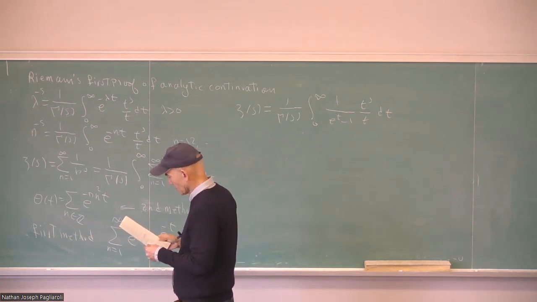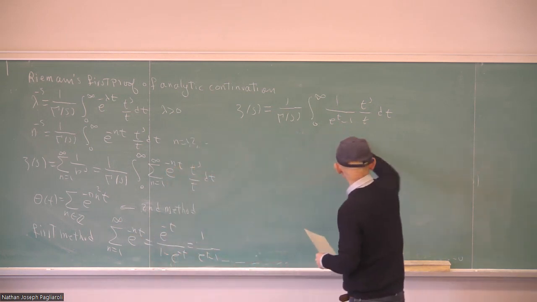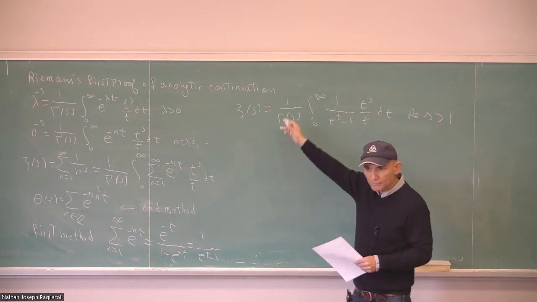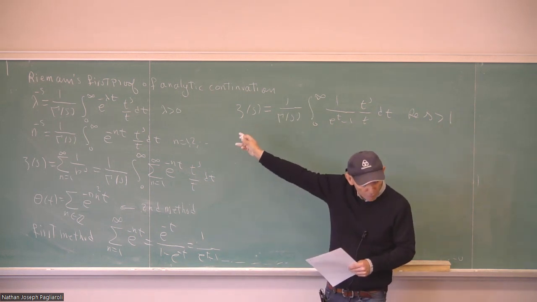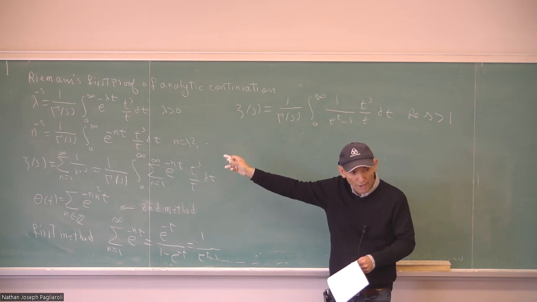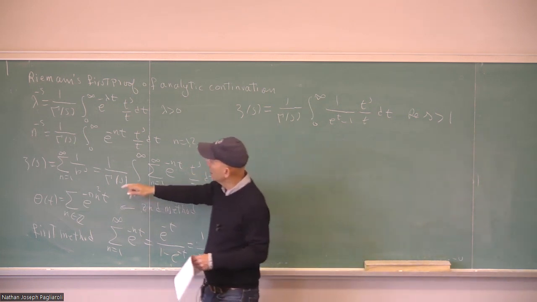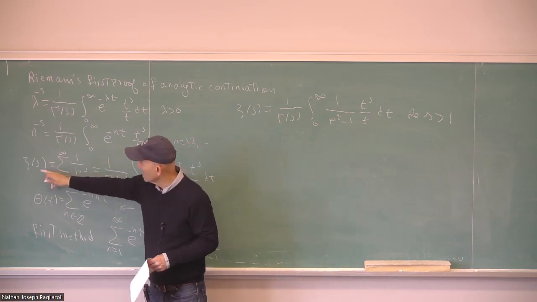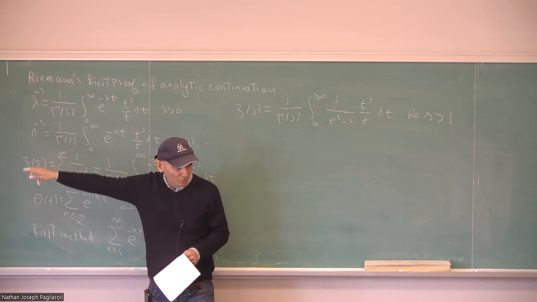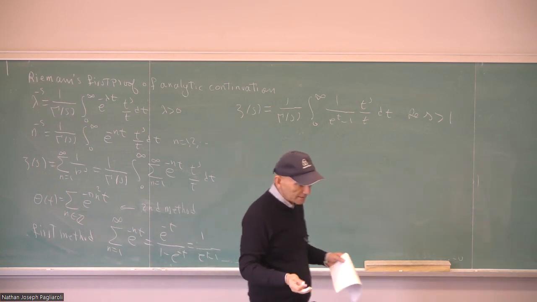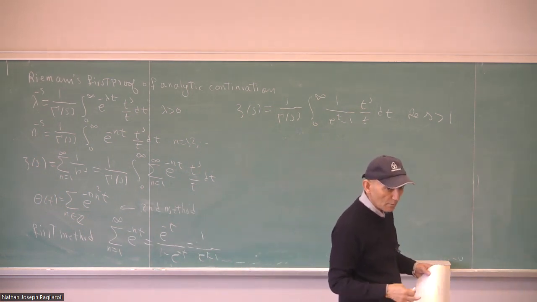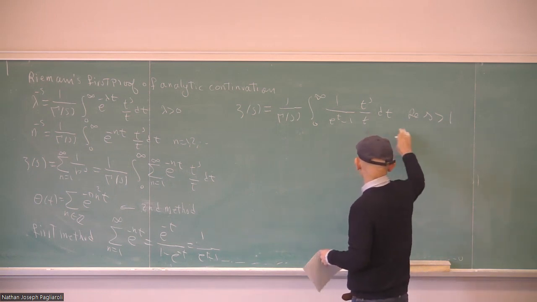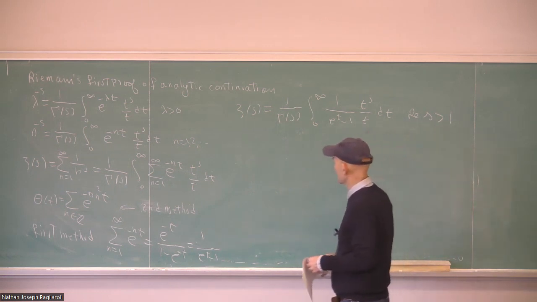And of course, this is true for real part of s bigger than 1, because this function is defined originally only for real part of s bigger than 1. We have no right to use this formula here, the sum of 1 over n to the s, for real part of s anything but bigger than 1.